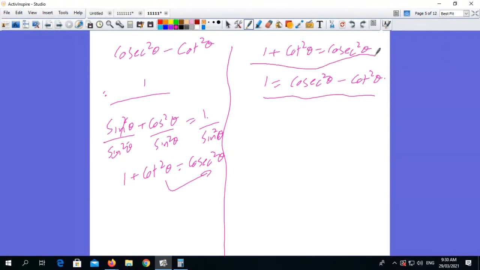We know that 1 plus cot square theta equals cosecant square theta, so 1 equals cosecant square theta minus cot square theta. How? We know that sin square theta plus cos square theta equals 1. Divide the identity by sin square theta. Sin square cancels with sin square theta, we have 1 plus cos square by sin square, which becomes cot square theta, and 1 by sin square is equal to cosecant square theta.